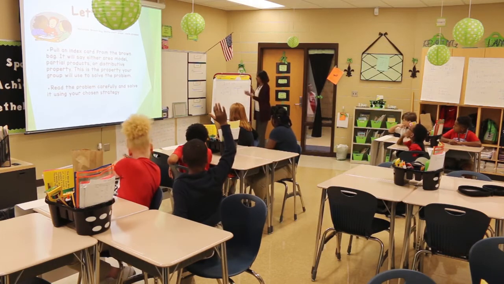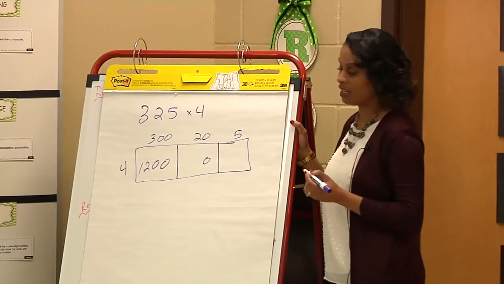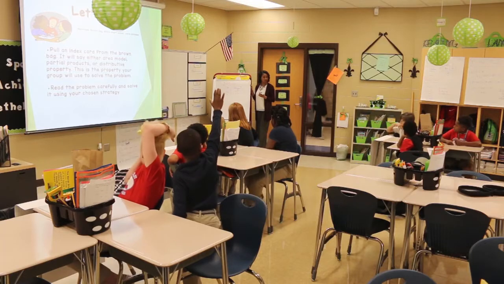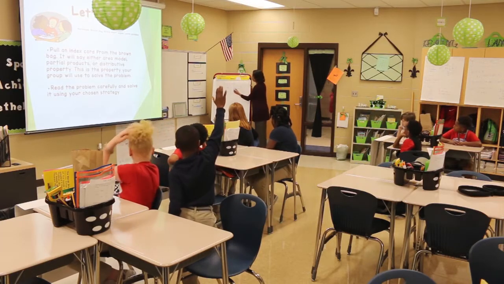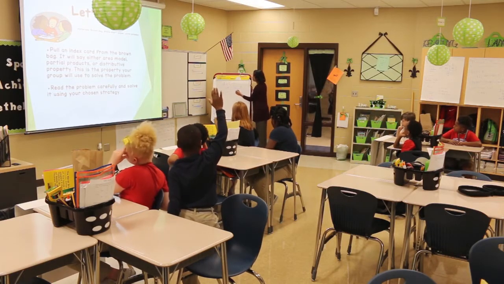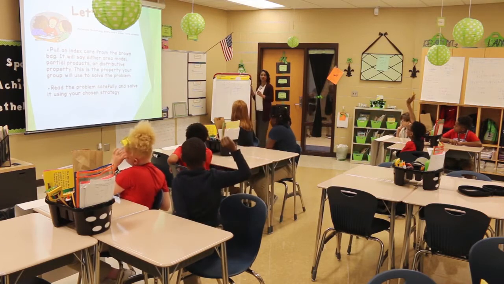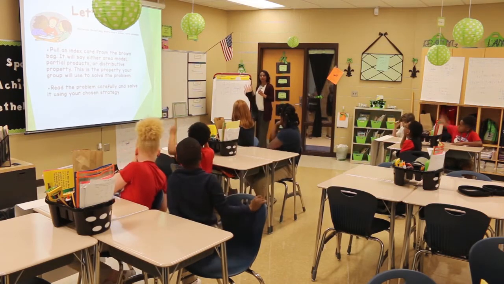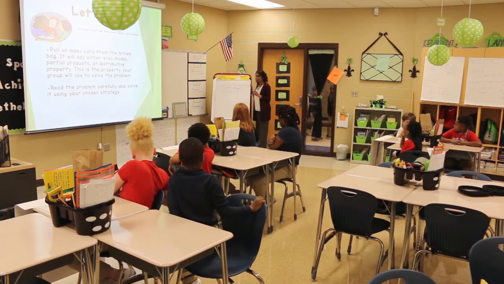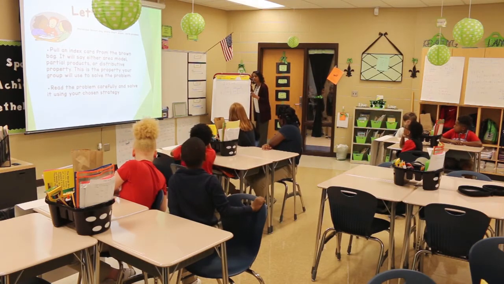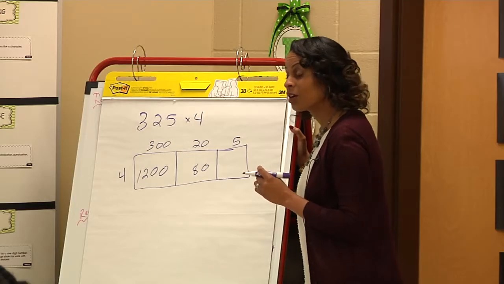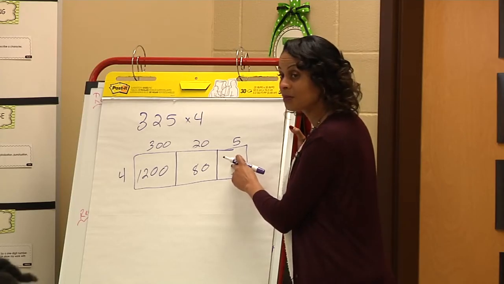Add 1 zero. Very good. And next? 4 times 7, which is 8. What should I do next, Raphael? Am I going to put 4 in this box?